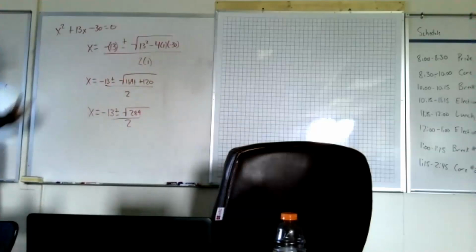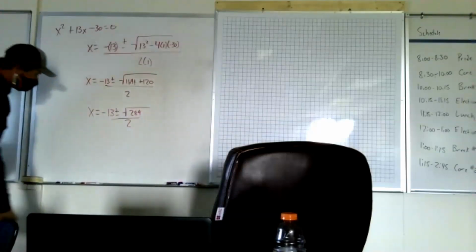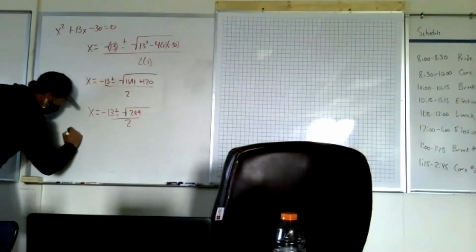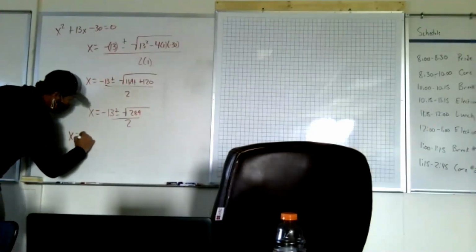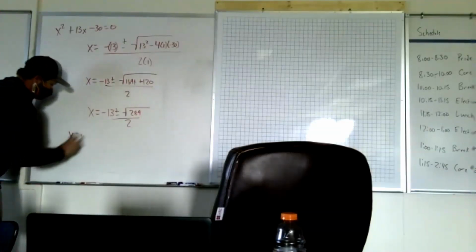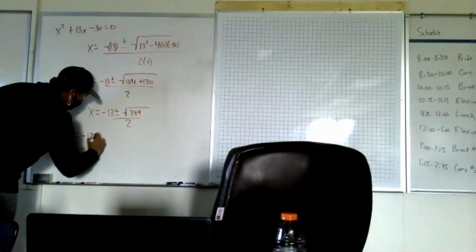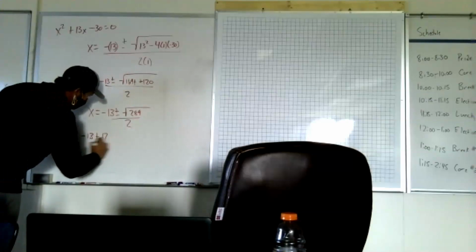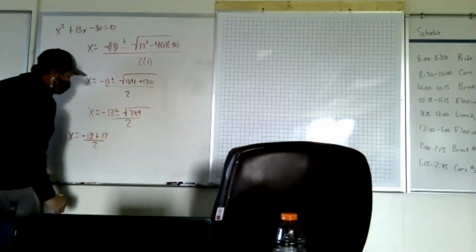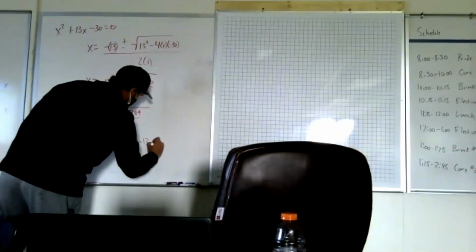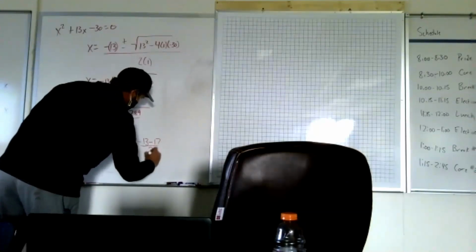The square root of 289 is 17. So I'm going to use 17 and split it. So x is equal to negative 13 plus 17 divided by 2, and x is equal to negative 13 minus 17 divided by 2.